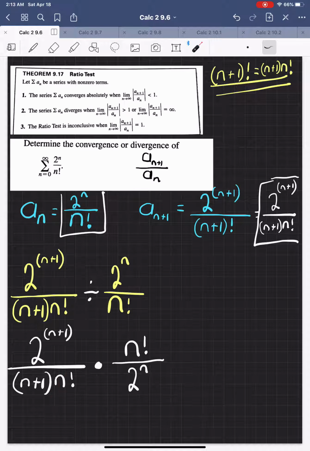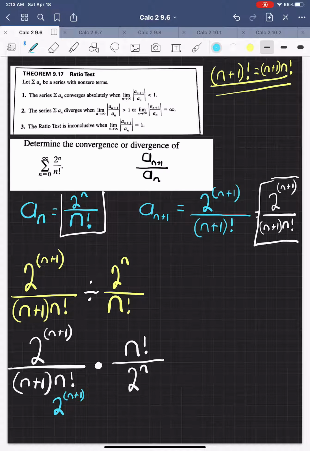If you're like me, I can see that I'm going to cancel these right here. But what I'm going to do, at least for this problem, is go ahead and write everything under one fraction. In other words, I'm going to multiply.